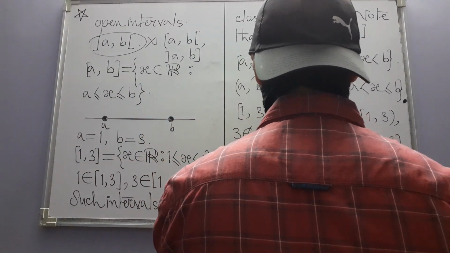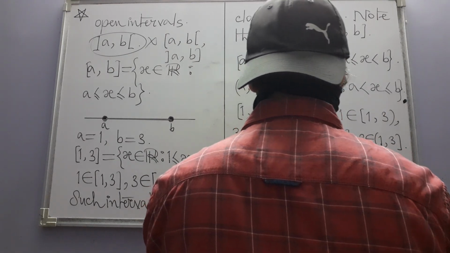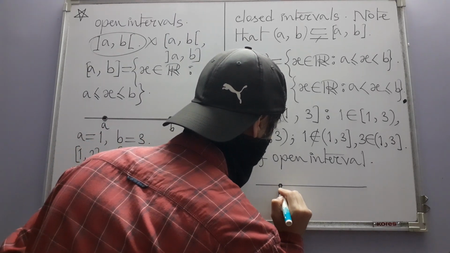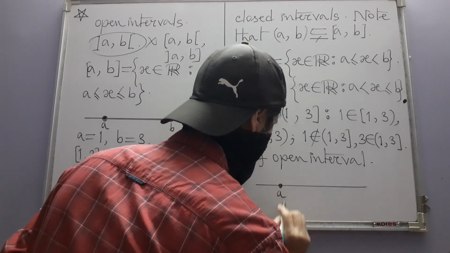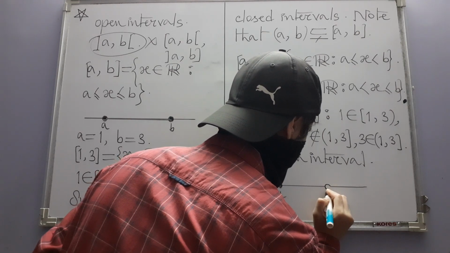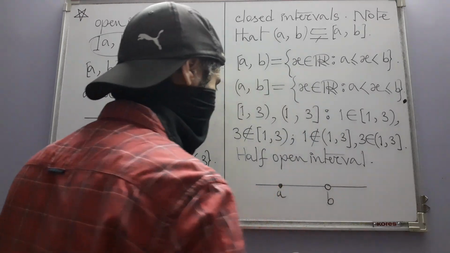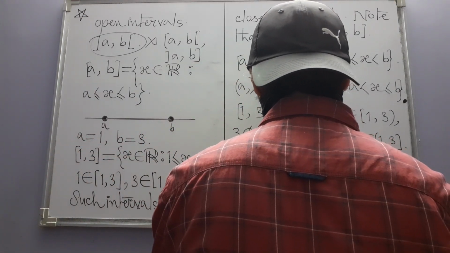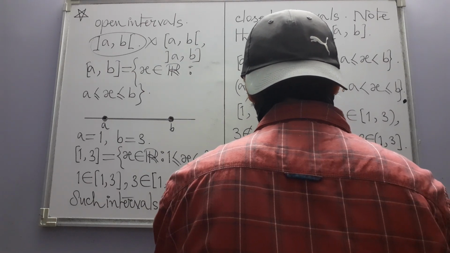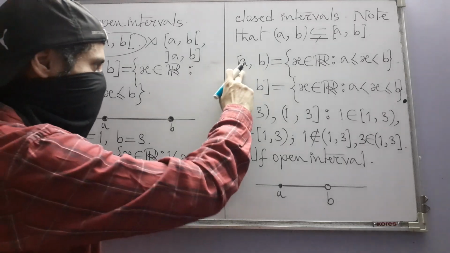For example, the first type of intervals will look like this on the real line. A, but because B is not there in the interval, this circle will be a white circle, and we make the line segment thicker than the real line. So this is this interval.